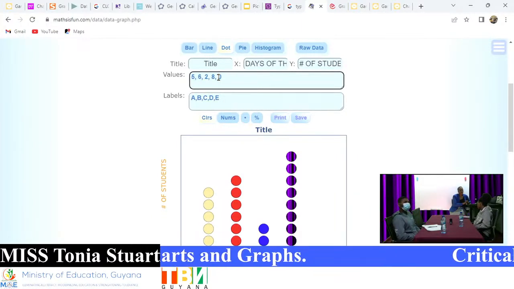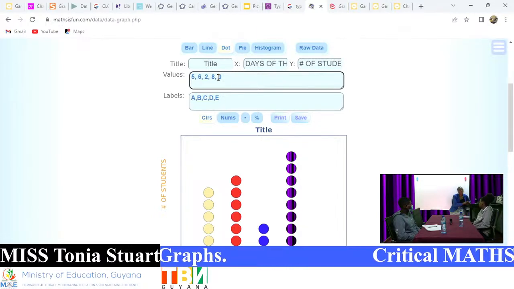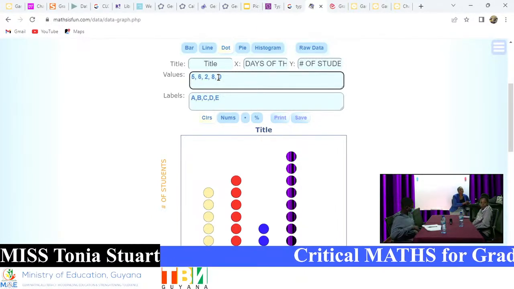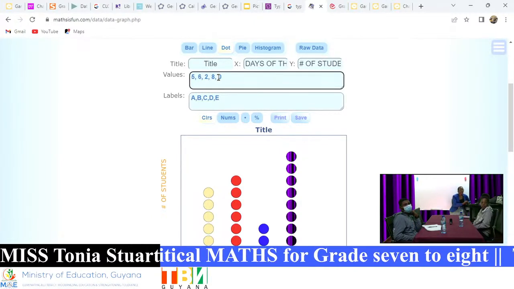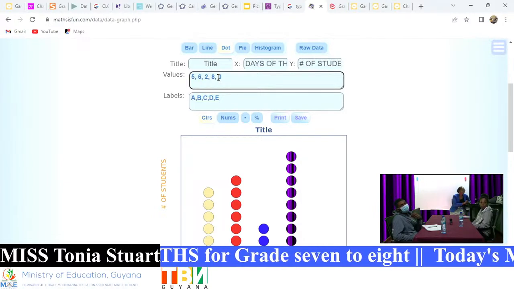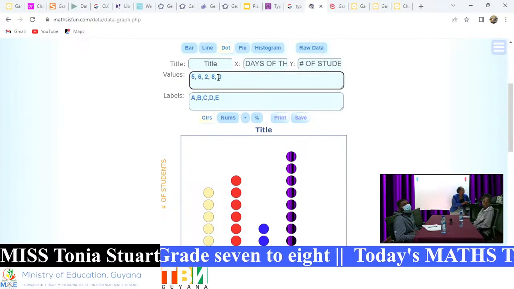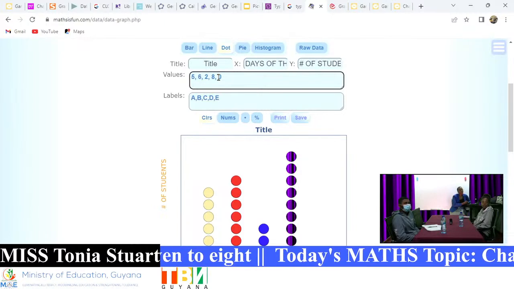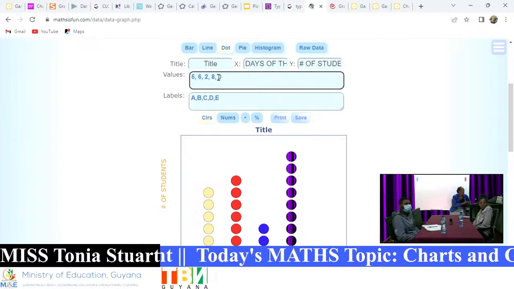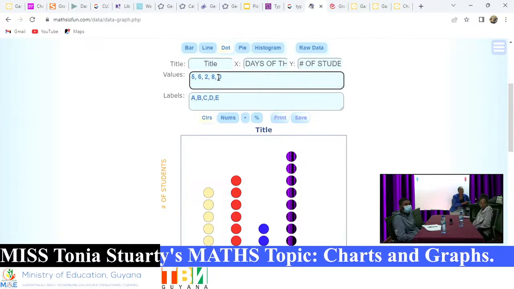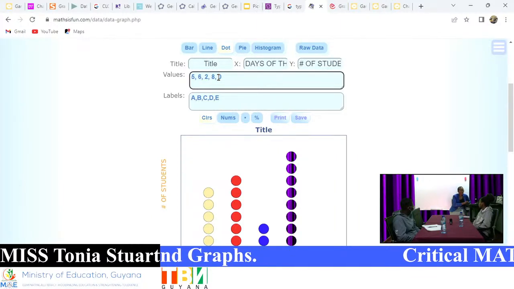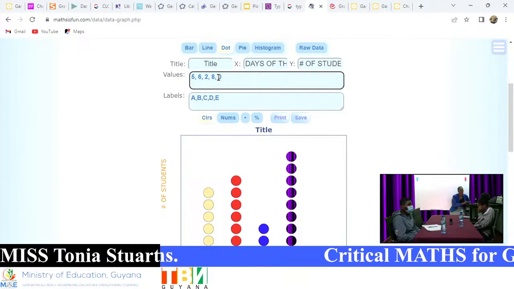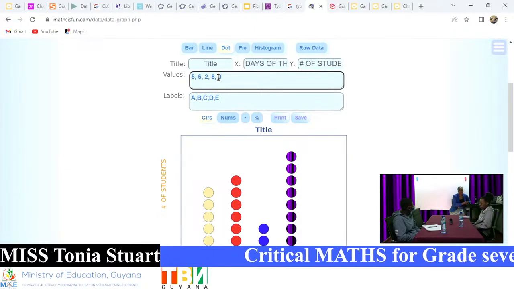So we would draw the bananas to represent the 5 bananas. 6 red socks, so you draw the socks. 2 blue balls, you draw 2 balls. And we have 8 leaves, so you draw the leaves. So you actually see the picture and not the dots, right? When you see the dots, it's a dot diagram or dot chart. When you see the pictures, it's a pictograph or picture chart, right?